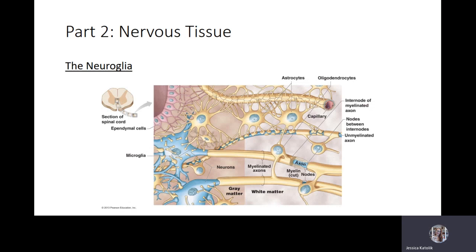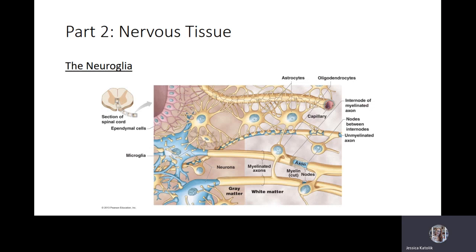And we can see that neuroglia are going to have different shapes based on their functions, and they're going to be located and associated with different areas. This particular picture is showing the central nervous system. They'll be associated with different areas in the central nervous system and in the peripheral nervous system. That's what I'm trying to say.